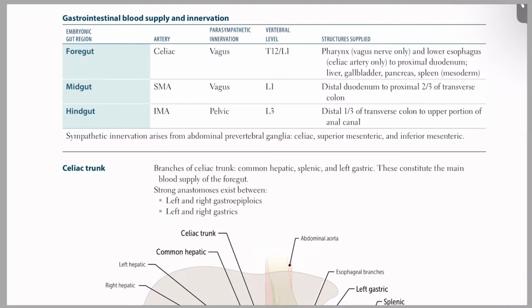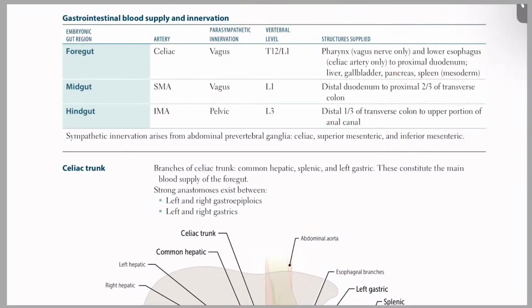Gastrointestinal blood supply and innervation. Embryonic gut region: foregut, midgut, hindgut.